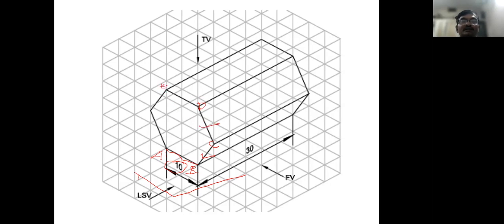D to E, we get 10 mm. E to F is different, somewhat less than 10 mm. So here not all sides get the correct size. So isometric drawings cannot be used for communication in industry, even though we can easily understand the shape.